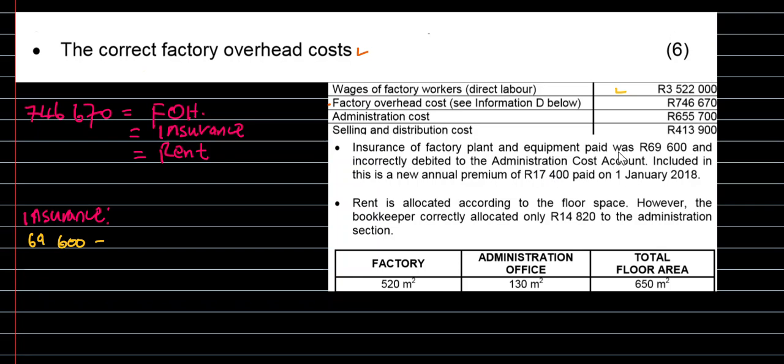In fact, in the insurance amount we're going to take out that 17,400, but at the same time we're going to add 17,400 times 3/12. Why 3/12? Because they say they included in this a new annual premium of 17,400 paid on 1 January 2018. This is a 12-month period starting on 1 January 2018.